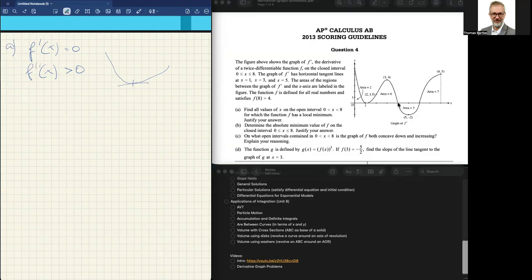So right here, it's not greater than 0 because it goes down and then it goes up right here at the point. So that's not a candidate for a local minimum. Here, the slope of f prime is negative, so f double prime is negative right at this point. So not a candidate for a local minimum. And this one here has a positive slope. So this one is the only candidate. So f of 3 is the only candidate for local minimum.